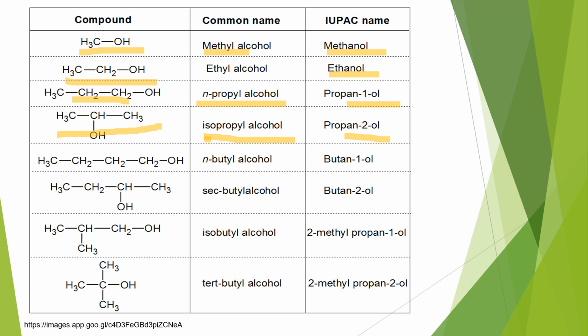That is all the difference. Similarly, you have butyl alcohol or butanol, the same thing as butane-1-ol or butane-2-ol, or isobutyl alcohol, or tertiary butyl alcohol. So these are some of the examples.